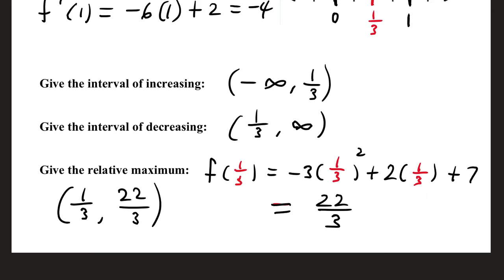So we have f of 1/3. Substituting into the original function, we have negative 3 times 1/3 squared plus 2 times 1/3 plus 7.